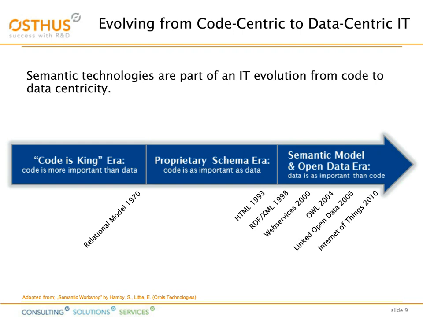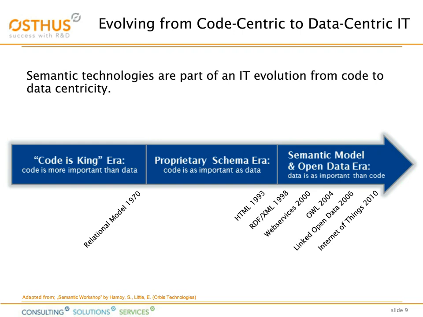And then with the development of the relational model in 1970, the databases entered the scene, and within that period a lot of things happened to make the storage of data in databases more professional, and so code was as important as data.